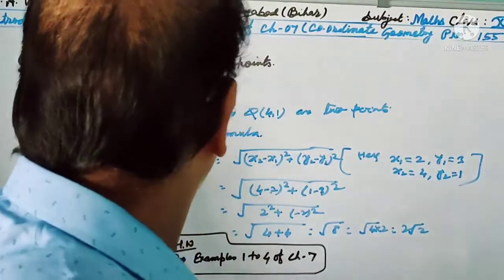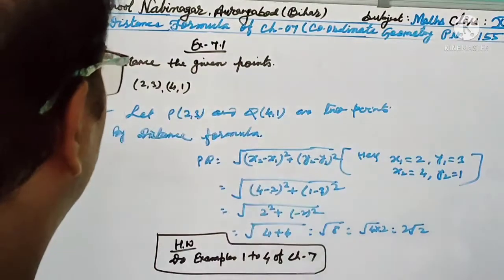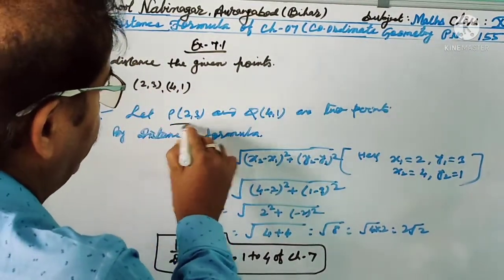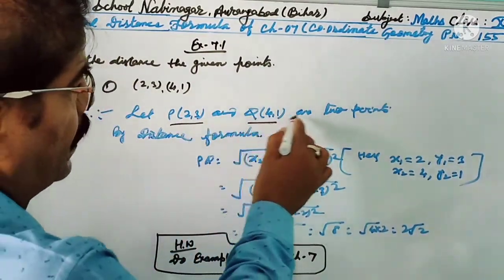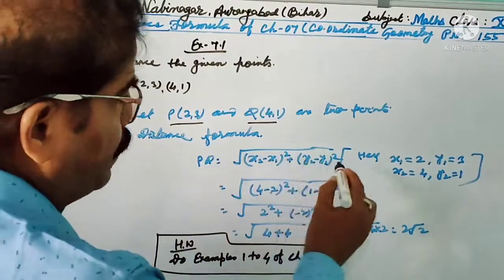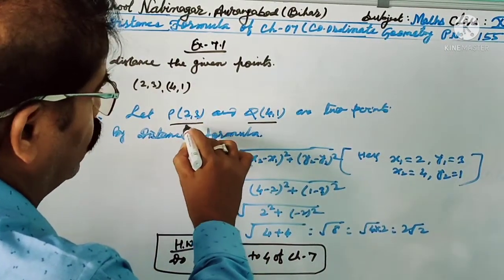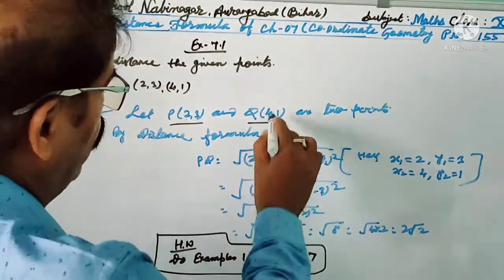Your first question of exercise 7.1, find the distance, given 2 points 2, 3 and 4, 1. Let P and Q be 2 points whose coordinates are 2, 3 and 4, 1. So by the distance formula, here x1 equal to 2, y1 equal to 3, x2 equal to 4 and y2 equal to 1.